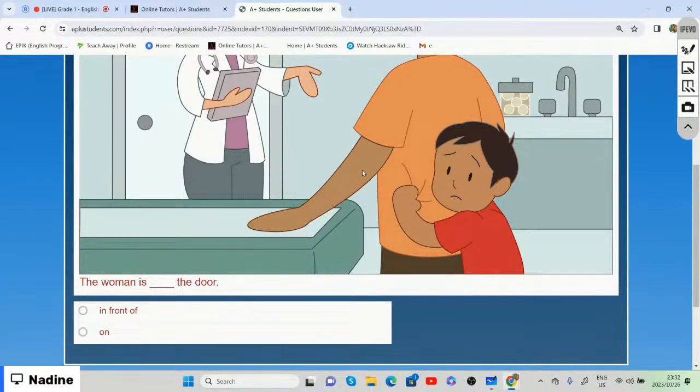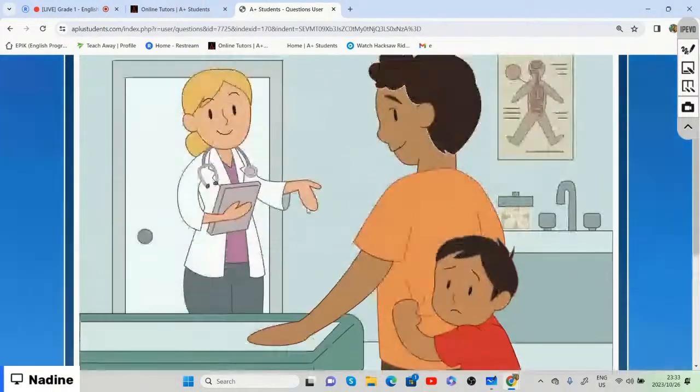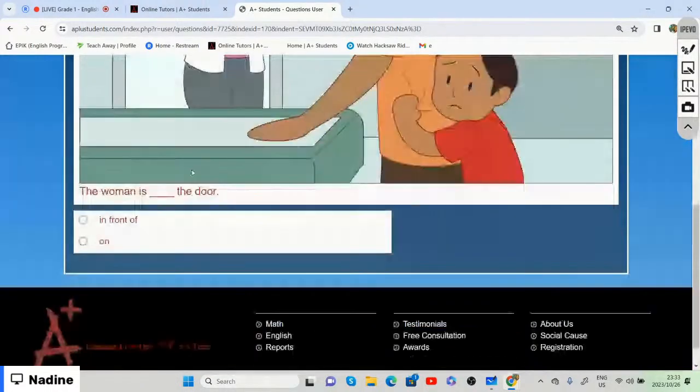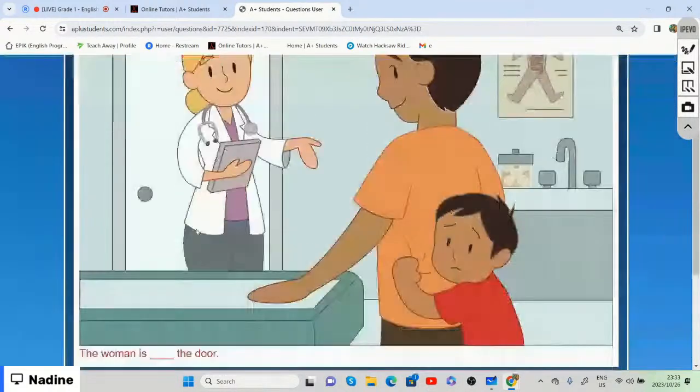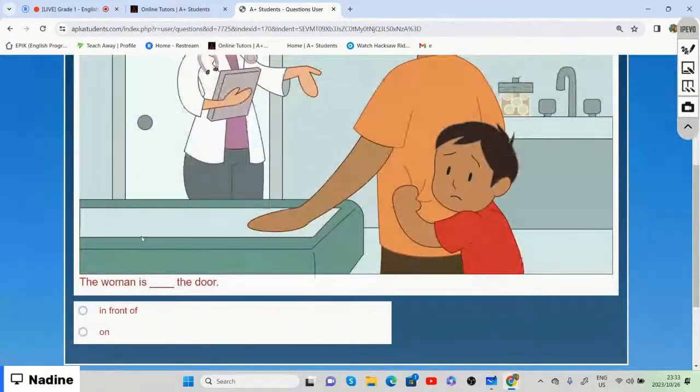The woman is in the door. Is it in front of the door or on the door? So the woman is, do we say in front of the door or the woman is on the door?